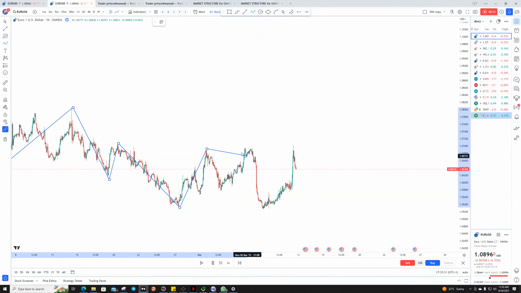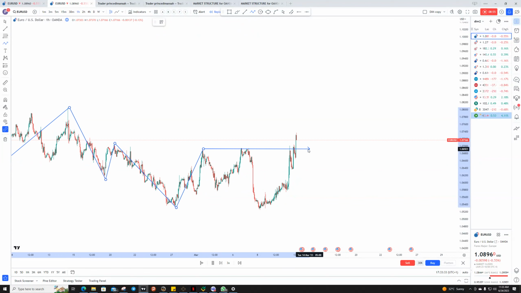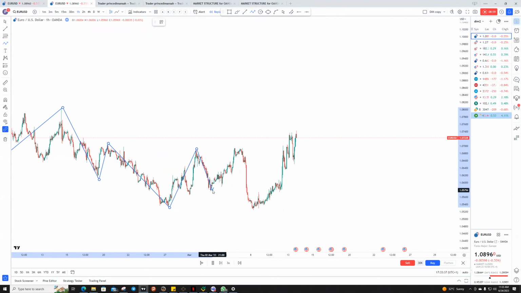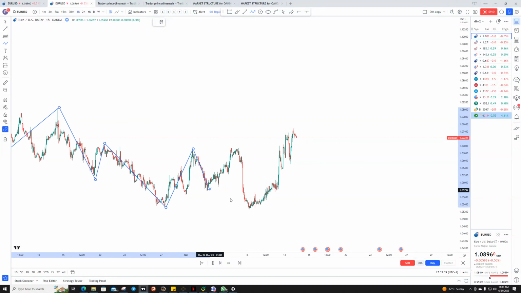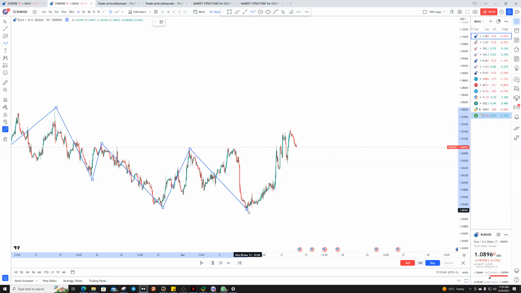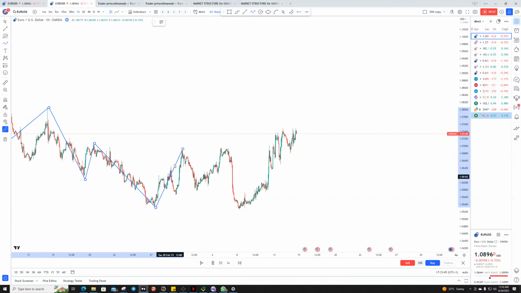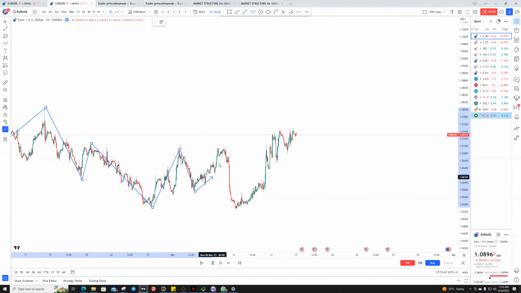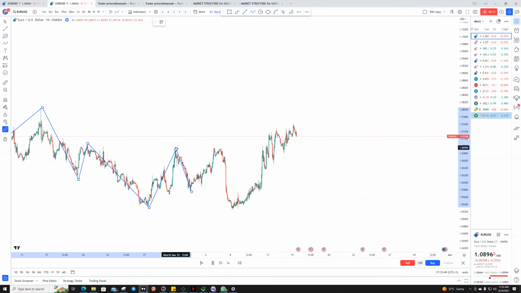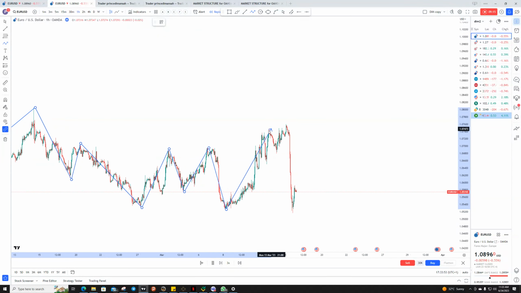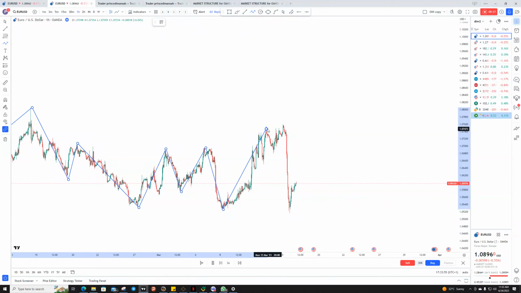Now see, you see it has taken over this place, right? So we have this low being created, this low created, right? Or we could say that this one created this and then created this low, but this low went a little bit above it and then came down a little bit and then took it over, right?